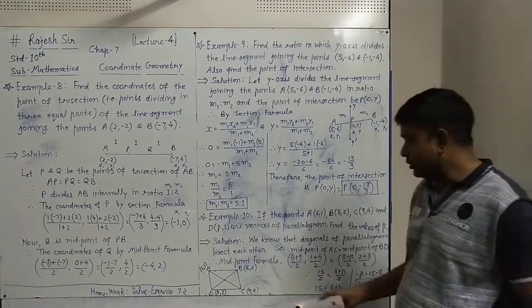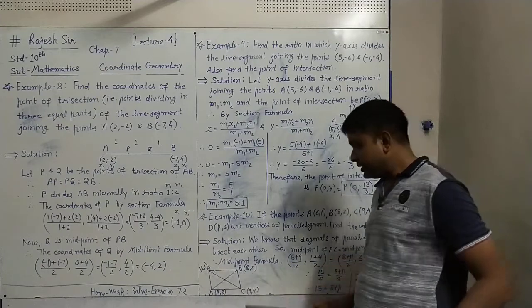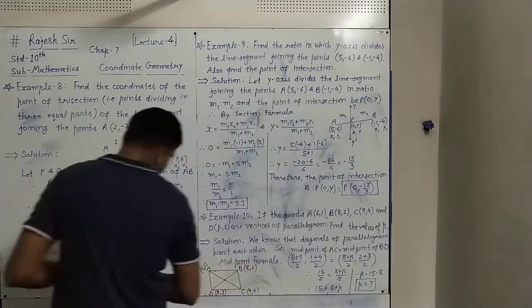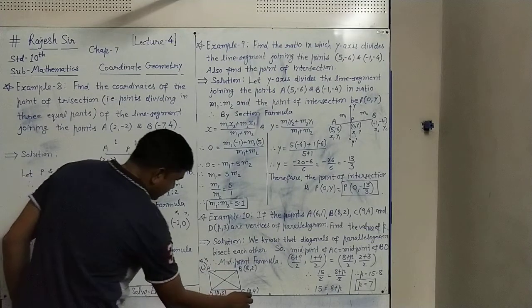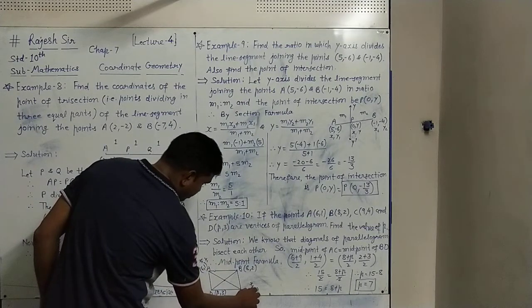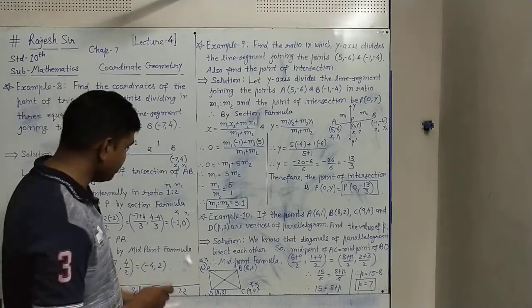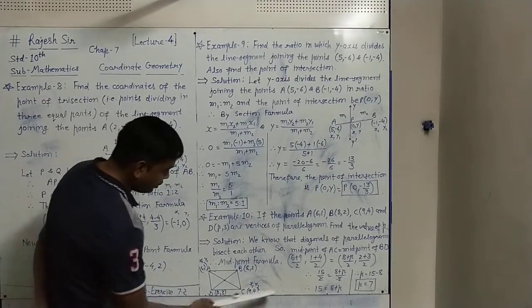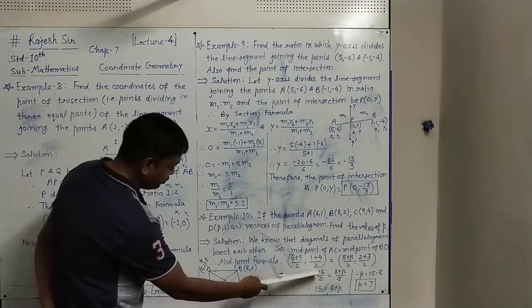By the midpoint formula, when finding the midpoint of AC, A will be (x1, y1) and C will be (x2, y2). So (x1 plus x2) upon 2, (y1 plus y2) upon 2: 6 plus 9 upon 2, and 1 plus 4 upon 2.